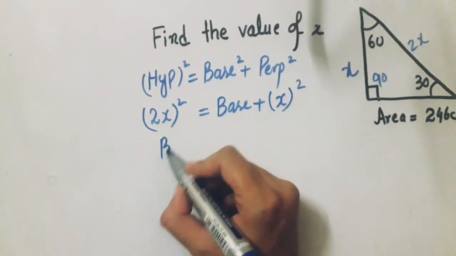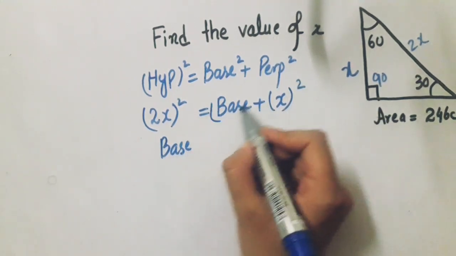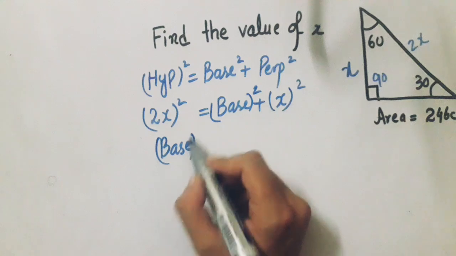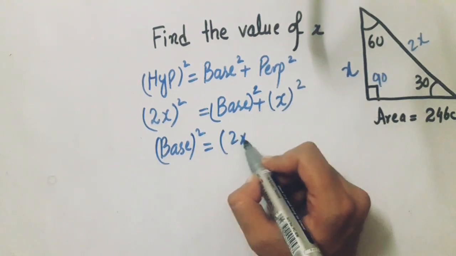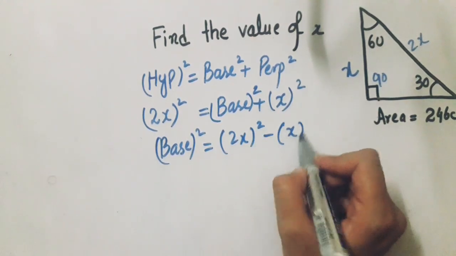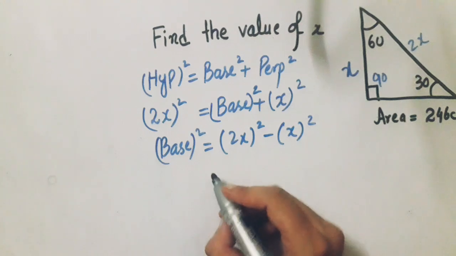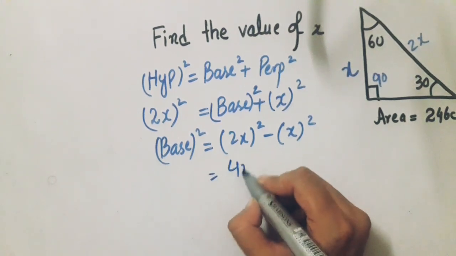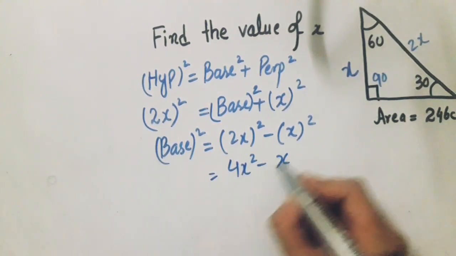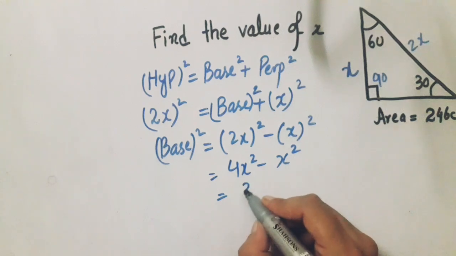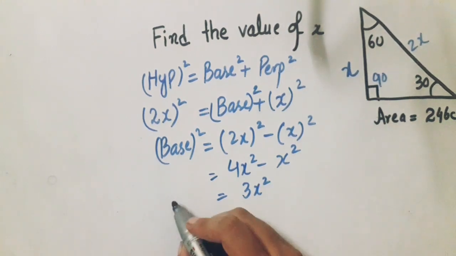So to find the base value, we will write this as 2x square minus x square. Now we will open this square, so that is 4x square minus x square. So 4 minus 1 is 3, this is 3x square.